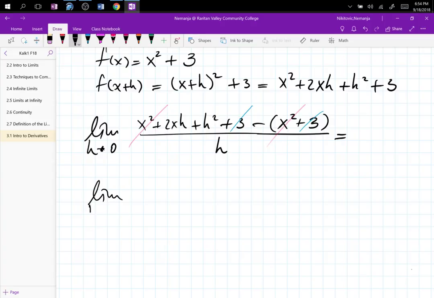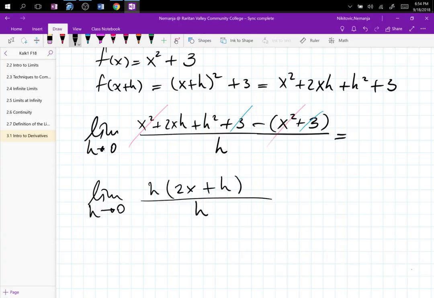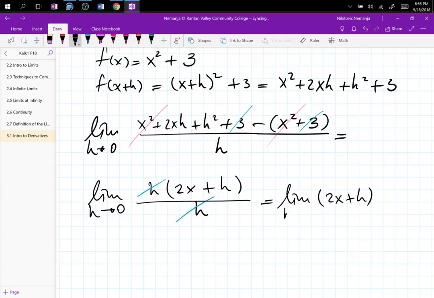So the limit as h goes to 0, factor out h, we're left with 2x plus h divided by h, and this is where h drops. Now you are left with the limit of 2x plus h as h goes to 0.